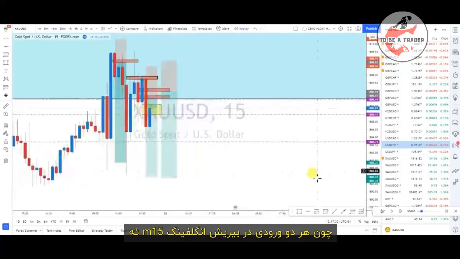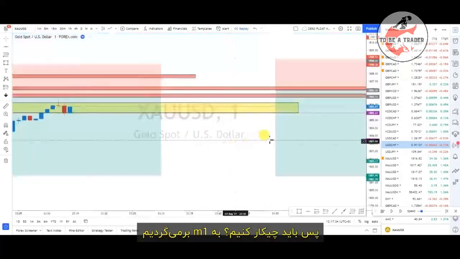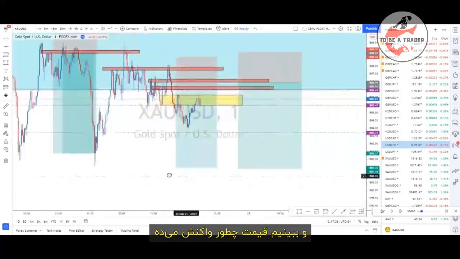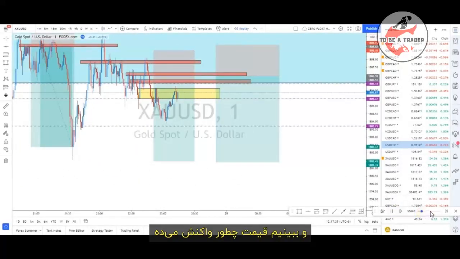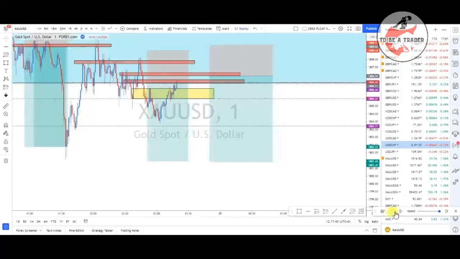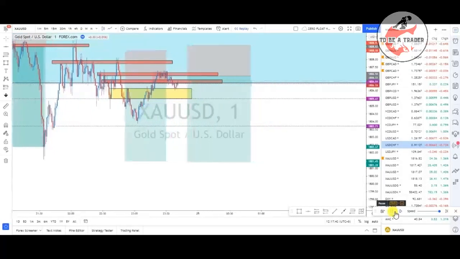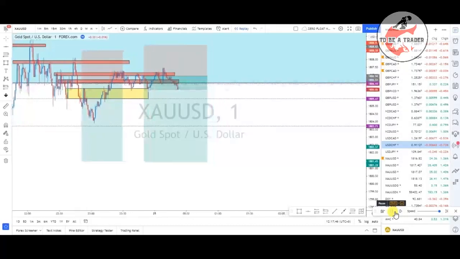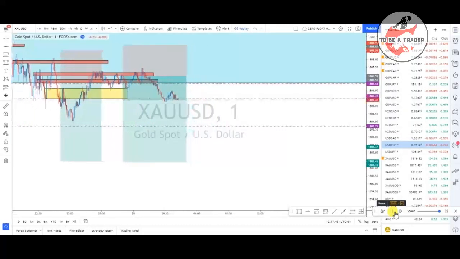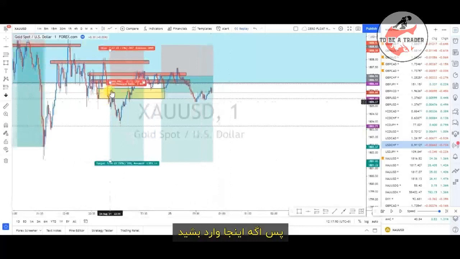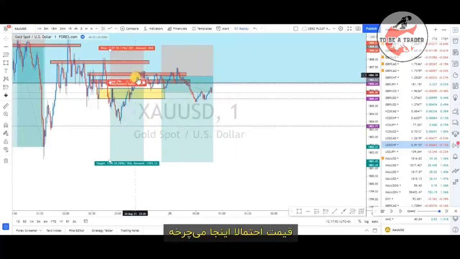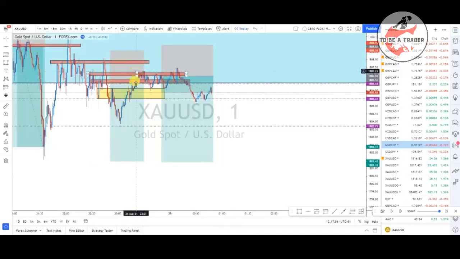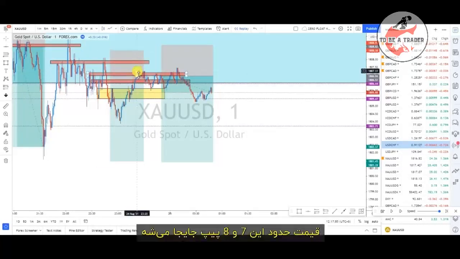Okay, so what should we do now? We go back to the M1 and see how the price reacts. Okay, if you enter here, the price will probably float around 7-8 pips.